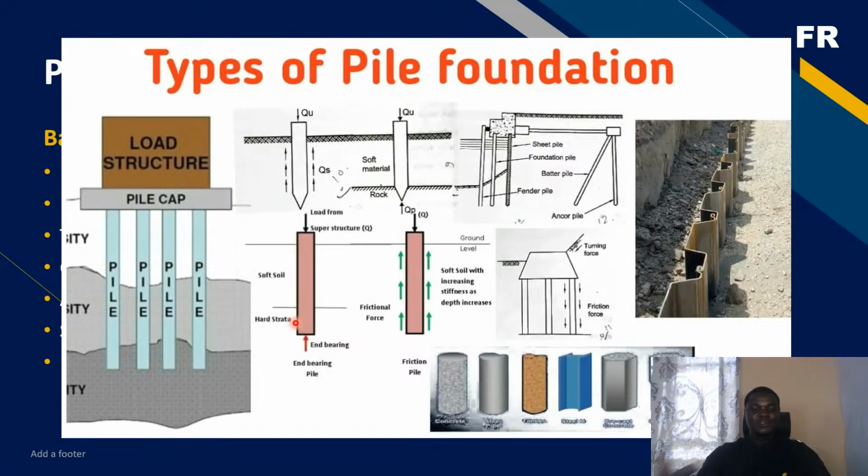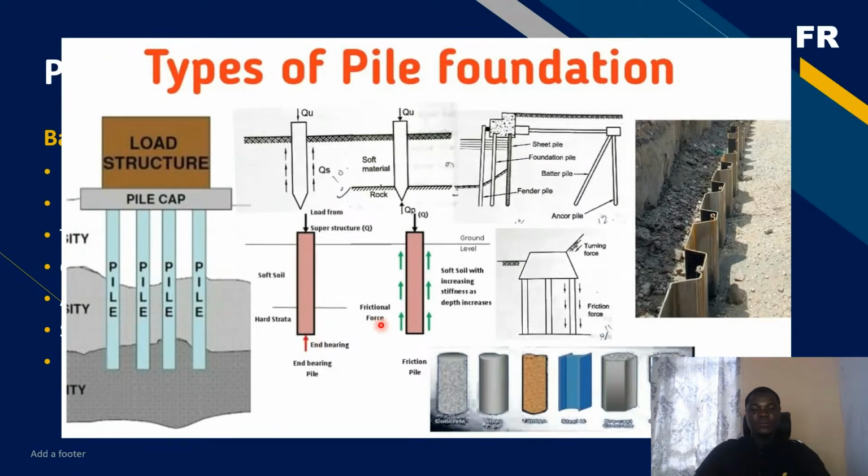So if the hard strata is around 30 meters down, 50 meters down, the load will only be supported at the end part of the pile. That's why they call it end bearing pile, because the load is transferred from the superstructure down to where we have the high density layer of soil. That's the idea behind the end bearing pile.